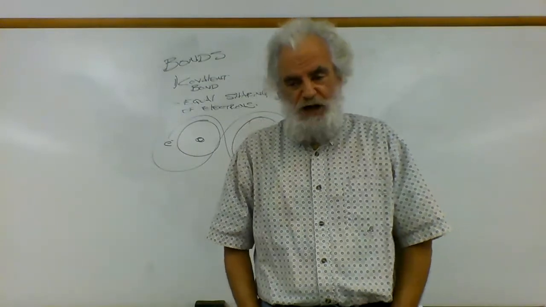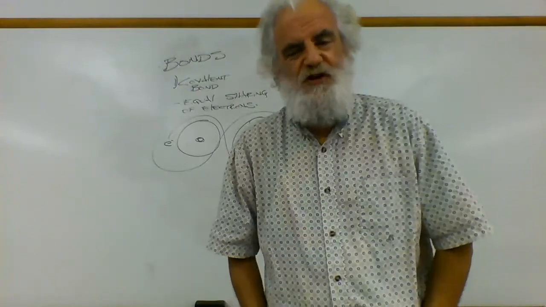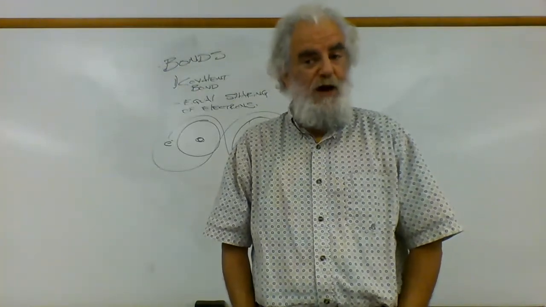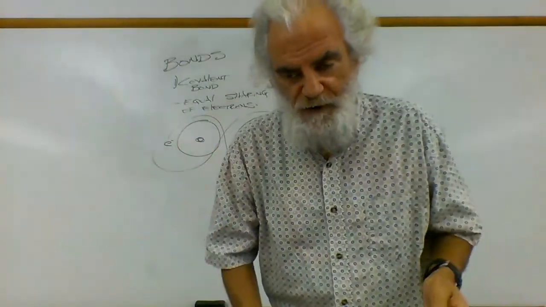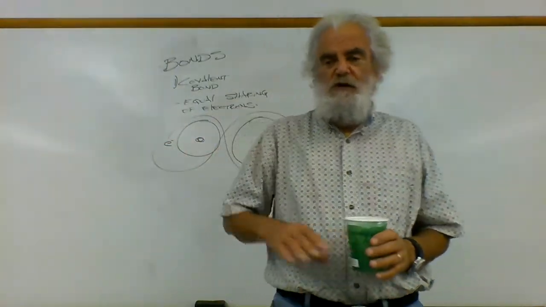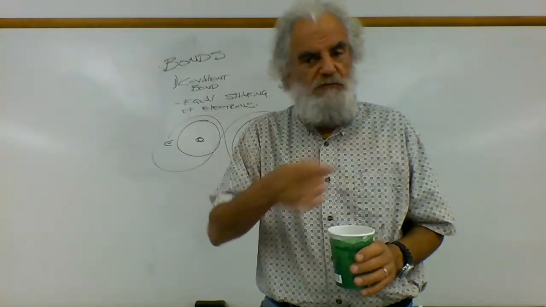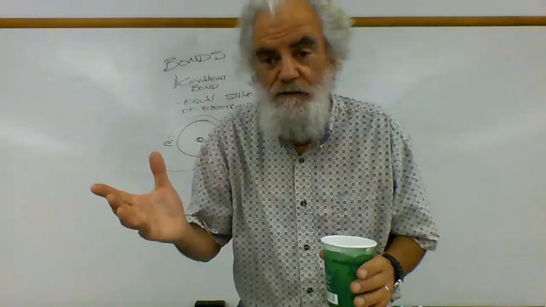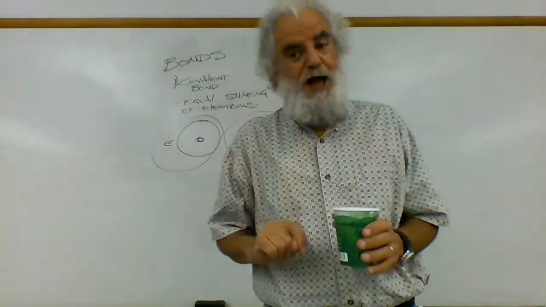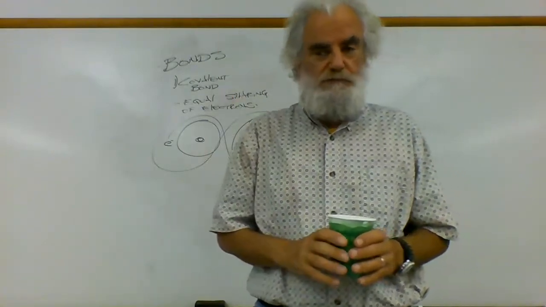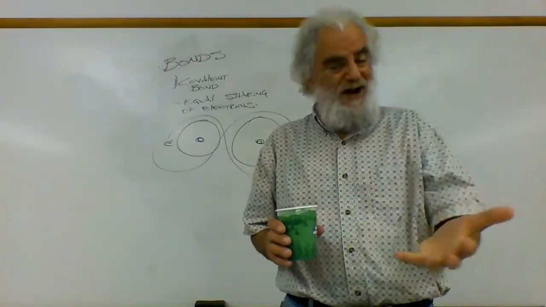And I'll just tell you from a cooking standpoint, it's around 450 degrees for most organic molecules to begin to break apart, to set them on fire. So if you set your oven below 450, you're not going to get any char. Stuff won't catch on fire. Now, if you set it above 450, you probably better keep an eye on it because it could, in fact, catch on fire. So 450 degrees, that's very hot.